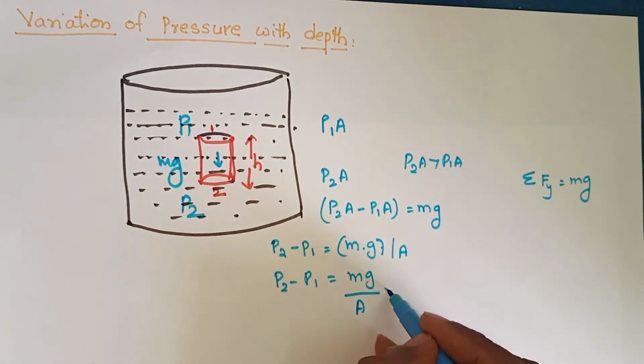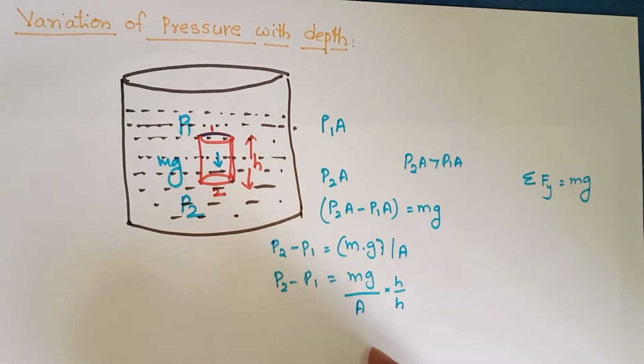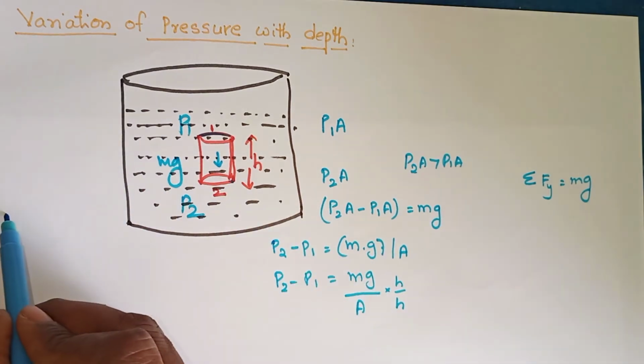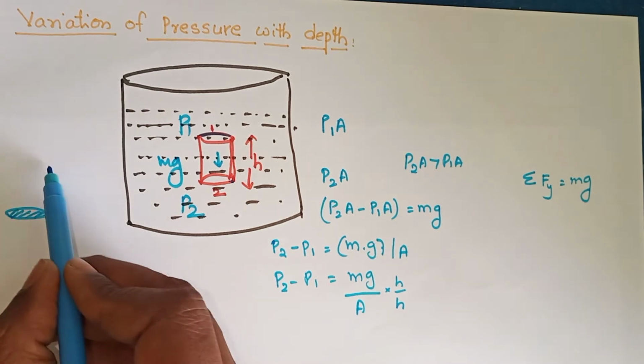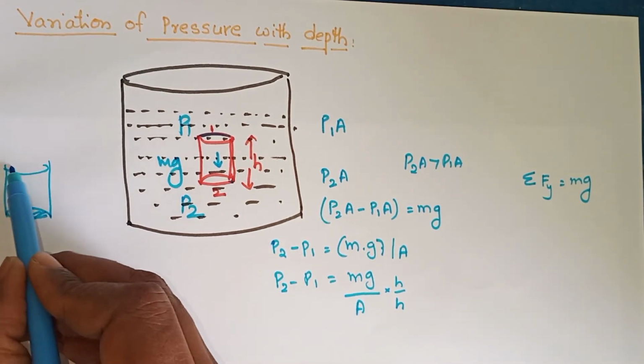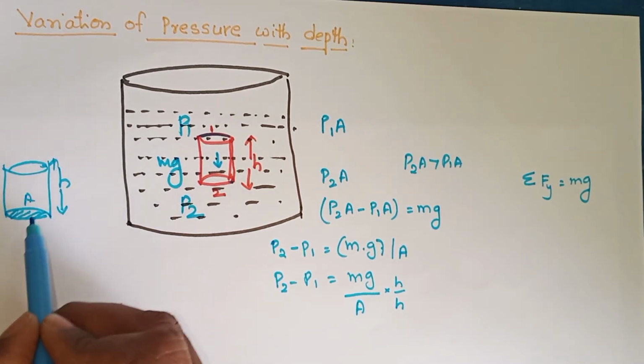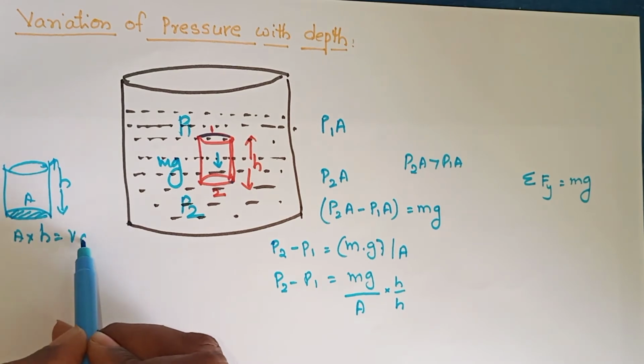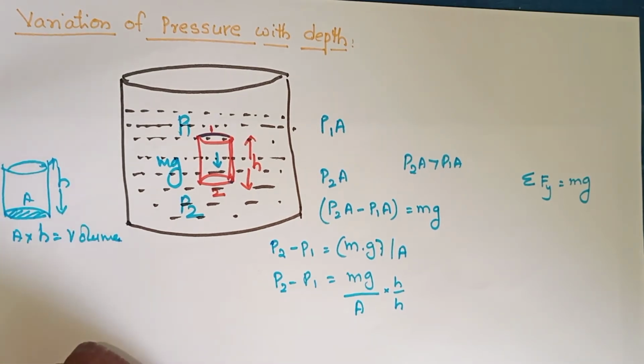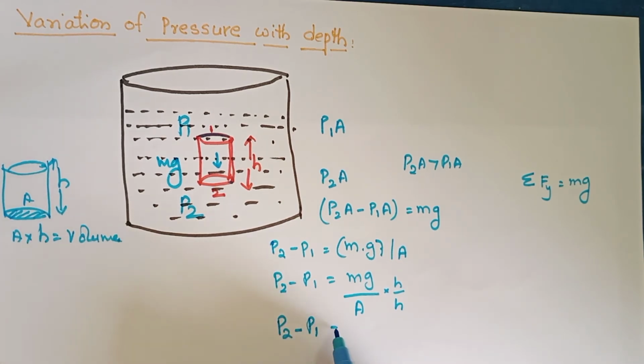I am multiplying and dividing by height for convenience. Now what you get is area into height, which is called volume. So P2 minus P1 is equal to mgh by volume.